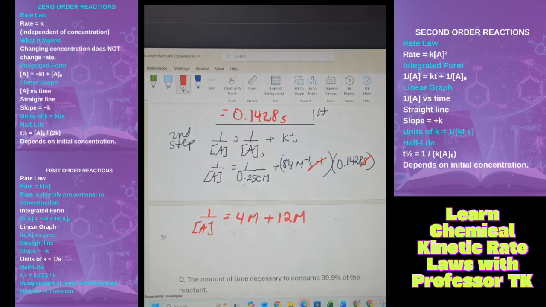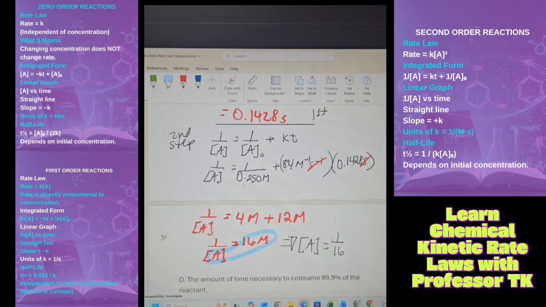Okay? So what you're going to do is say 1 over A equals, what's 4 plus 12? 16. But now remember, in order to get A, this is some quick math right here. You're going to swap these two. You're going to swap them, meaning you're going to rewrite this over here as A, meaning the reactant of A is equal to 1 divided by 16.